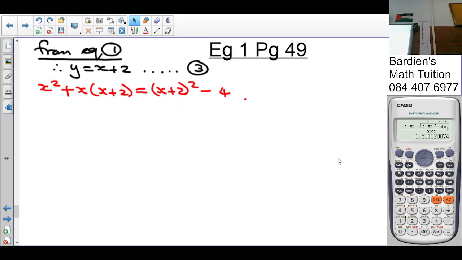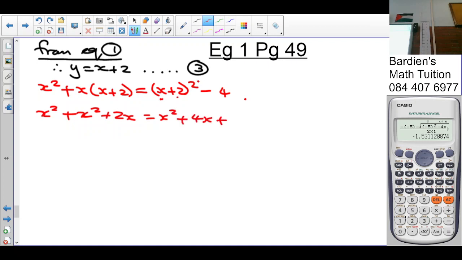Right. So what do we get? x squared plus x squared plus 2x equals x squared, x times 2 times 2 is 4x plus 4 minus 4. You all got that? So what is this to us now? Trinomial. So that cancels that, that cancels.